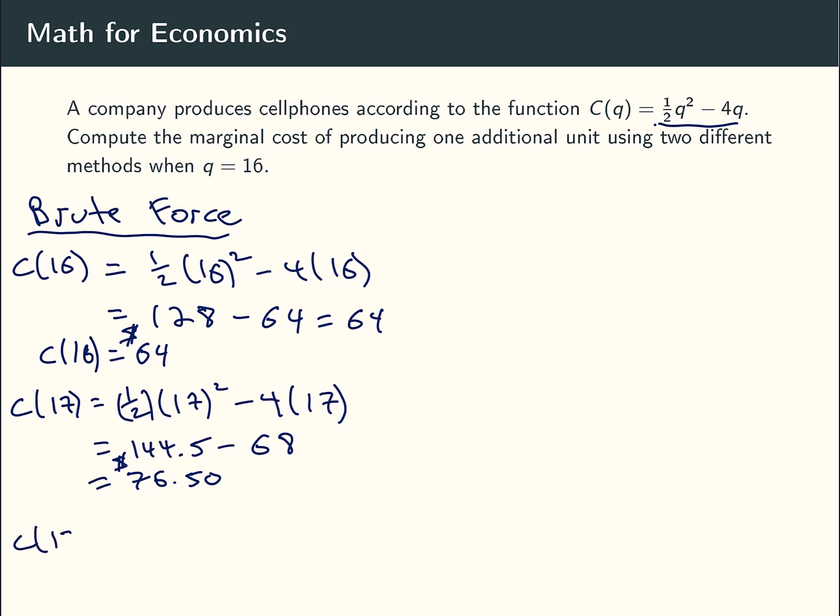What's the marginal increase? The marginal cost of producing one additional unit when the company is already producing 16 units is $12.50.